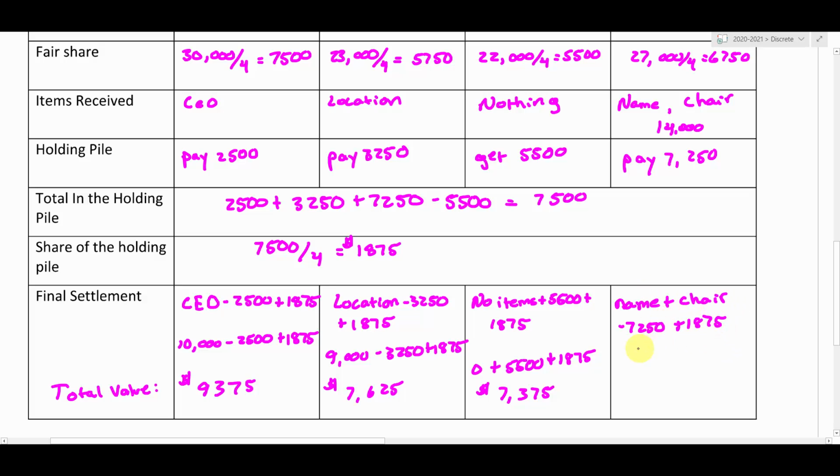All right, so that's going to be $6,000 plus $8,000. Those are the values of the name and the chair, minus $7,250 plus $1,875, which means their total value is going to be $8,625. And that is more than their fair share, so they will walk away happy.